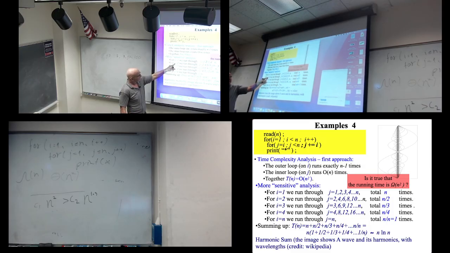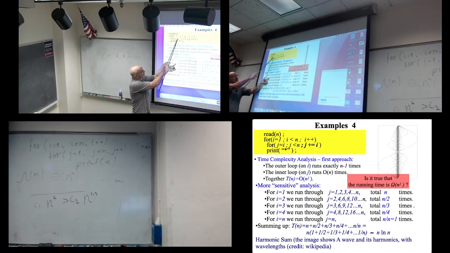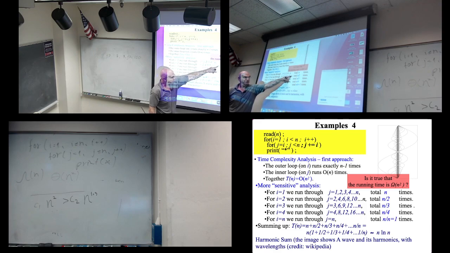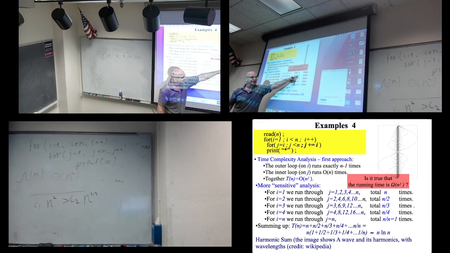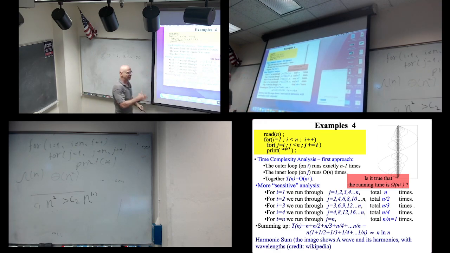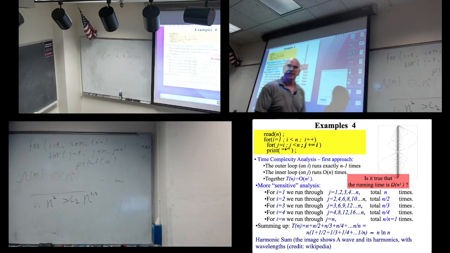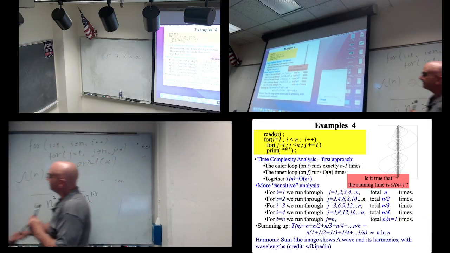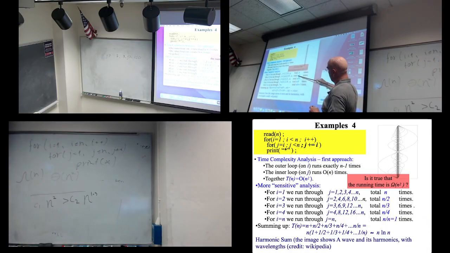Let's think about the case i equals 2. j starts from 2, then 4, 6, 8, 10, all the way up to n. How many even numbers do I have between 1 and n? I have about n/2 numbers.